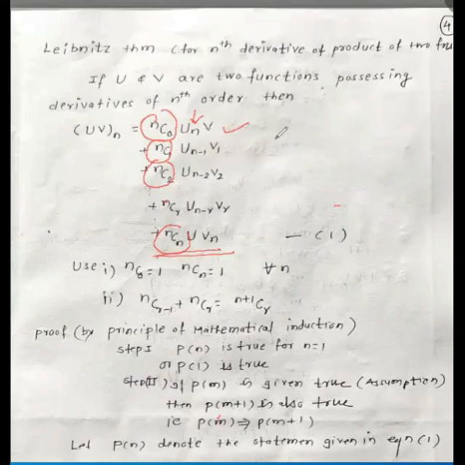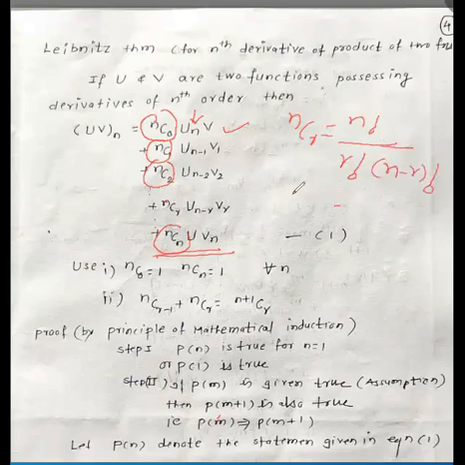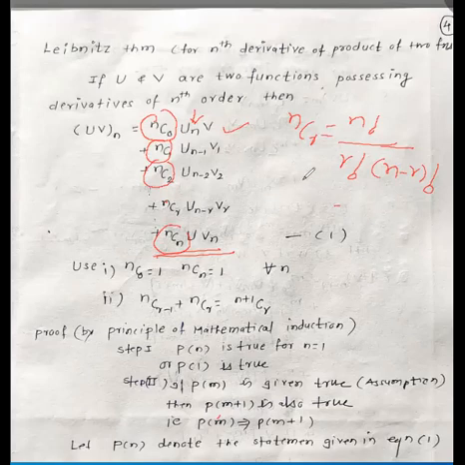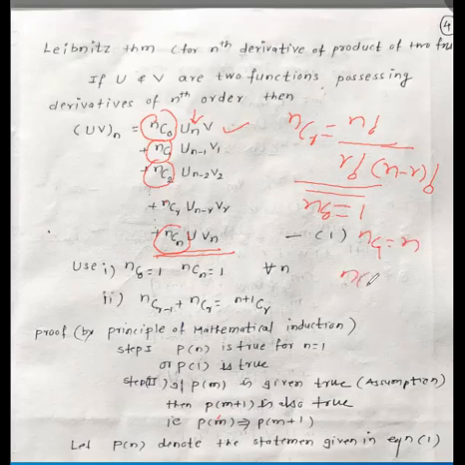And what are the values? This is a formula: nCr means factorial n divided by factorial r and factorial of the difference of n and r. When you simplify this, the values are these. After simplification, nC0 is 1, nC1 is n, nC2 is n into n minus 1 divided by factorial 2.